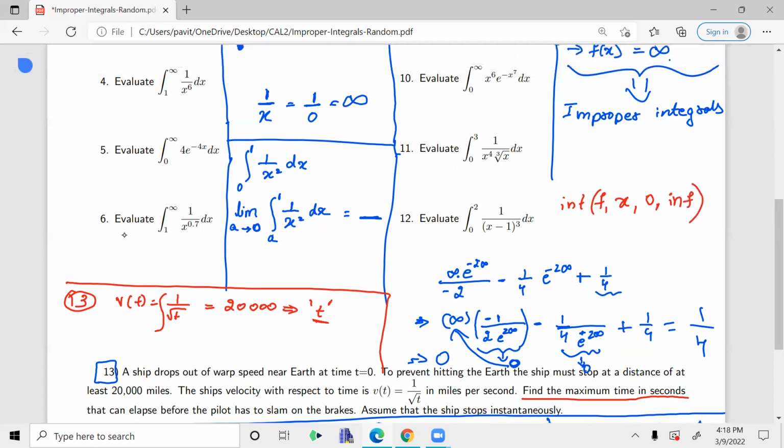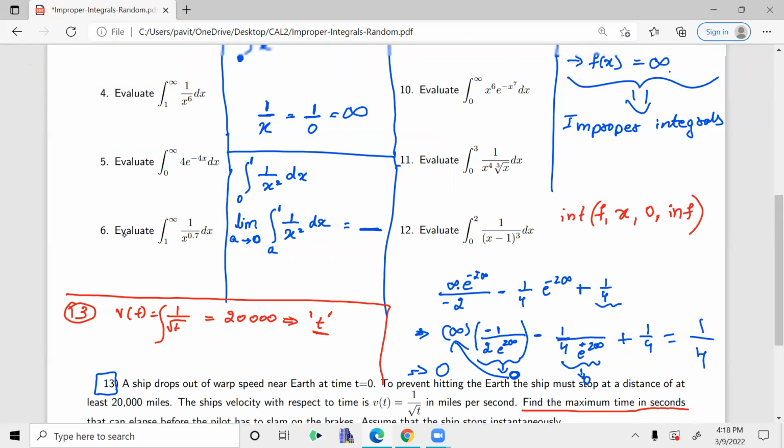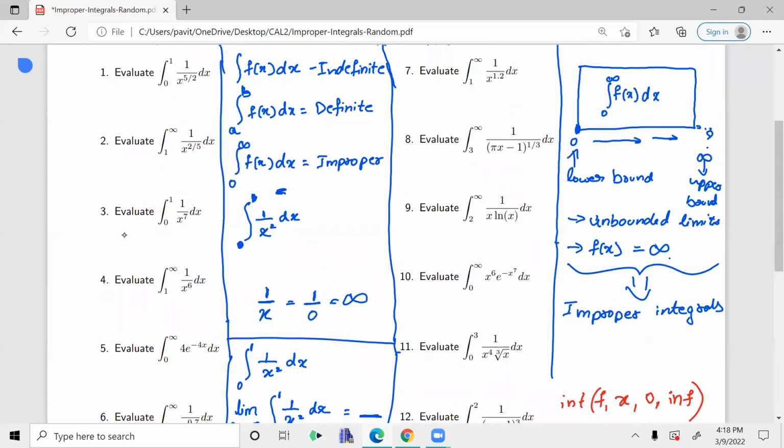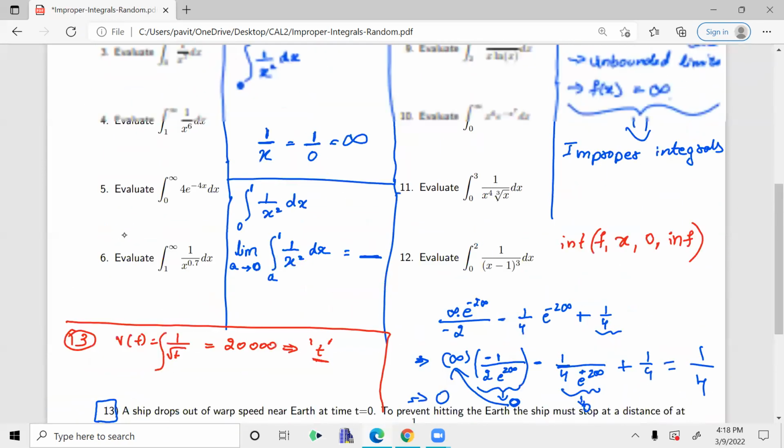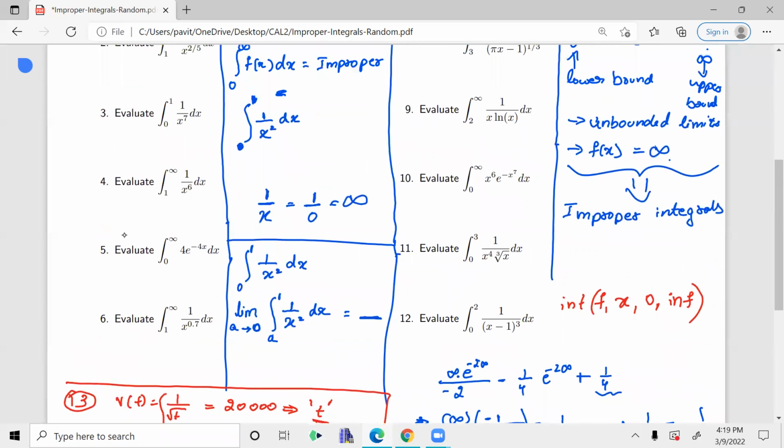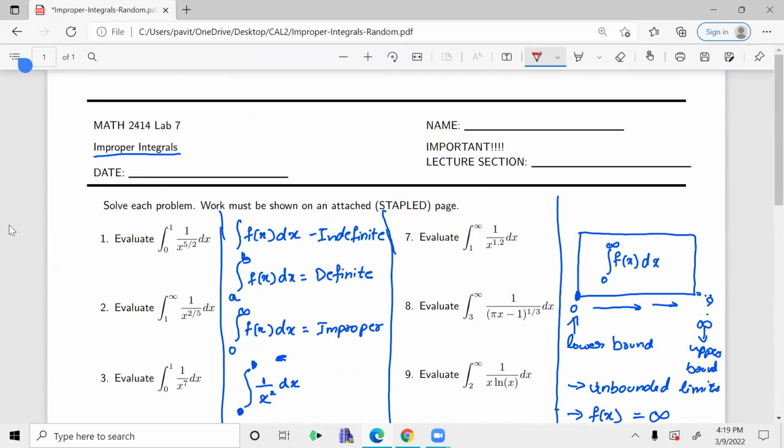You don't have to put the symbol. These are all positive infinity, so I don't think you have a negative infinity problem. So the limits will be inf, just inf. Okay, so this will complete lab 7.